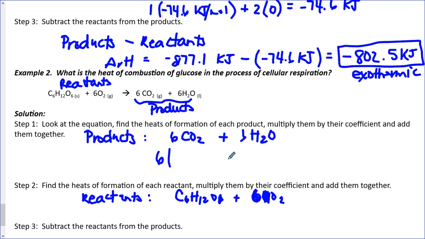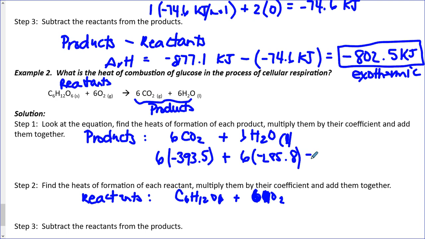So looking at our products, 6 times carbon dioxide, which we saw in the last one as well, negative 393.5. Water, this time it's giving us water as a liquid instead of a gas. So instead of water vapor as a product, we actually have water as a liquid. So make sure you use water as a liquid, negative 285.8.